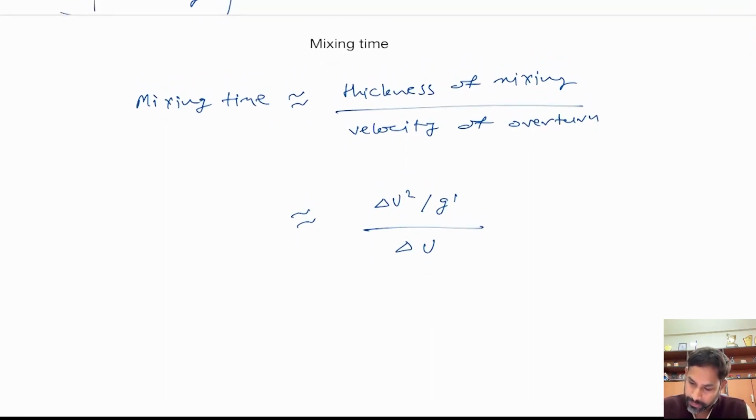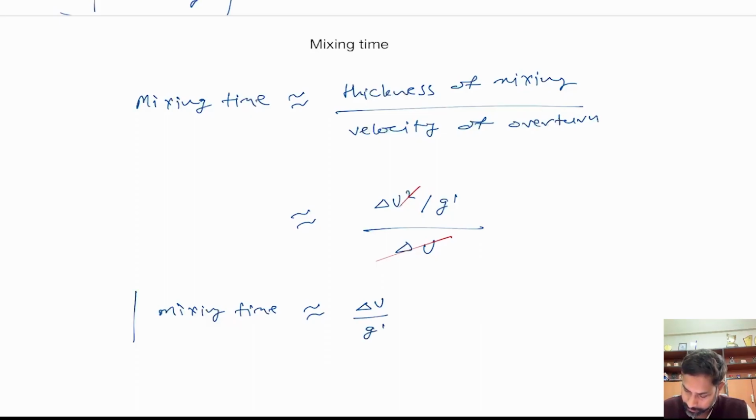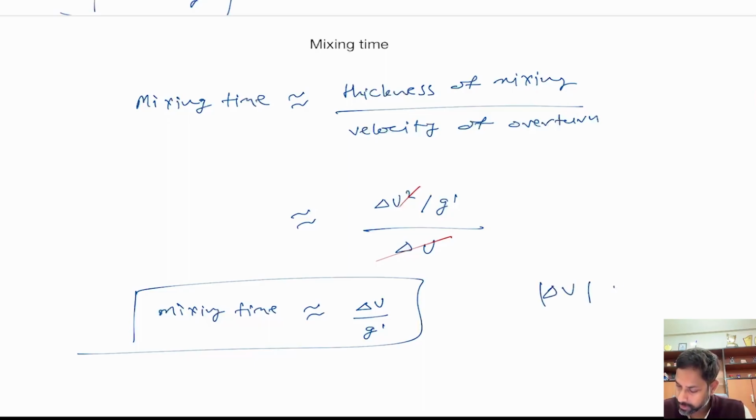All right, so this will cancel this, and the time you get will be roughly equal to delta u over g prime. Okay, and once again, delta u is simply u1 minus u2.